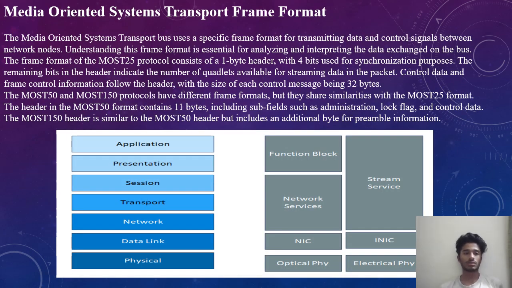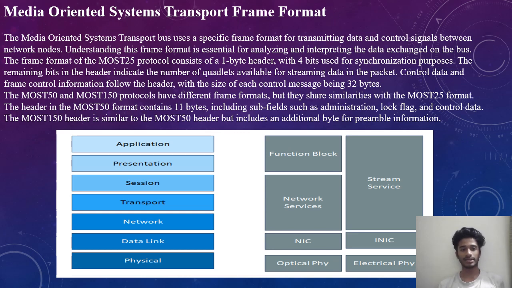So in this slide, we are discussing the Media Oriented Systems Transport frame format. The MOST bus uses a specific frame format for transmitting data and control signals between network nodes. Understanding this frame format is essential for analyzing and interpreting data exchange on the bus. The frame format of the MOST25 protocol consists of a 1 byte header with 4 bits used for synchronization purposes.